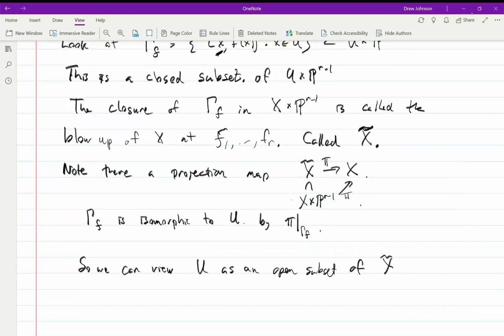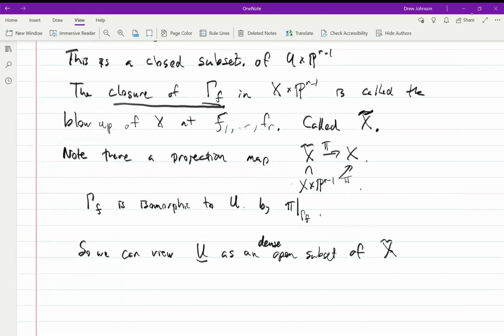Well, because the blow-up is defined as the closure of the graph, and the graph is isomorphic to U. So if we identify U with the graph, then we have U as an open subset of X tilde, in fact a dense open subset of X tilde.